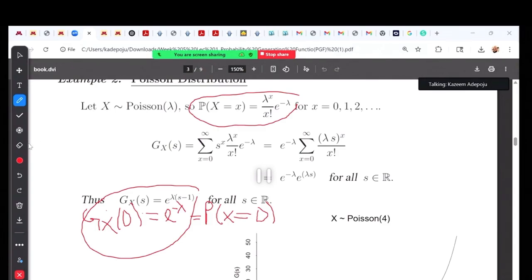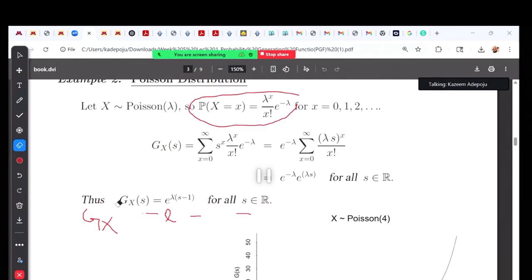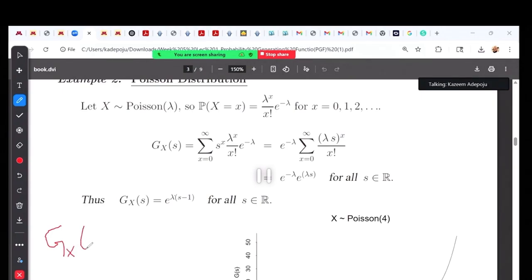Now, the next thing that you investigate is G of x. When you plug in x to be 1, does it give 1? Here, plug in x to be 1.